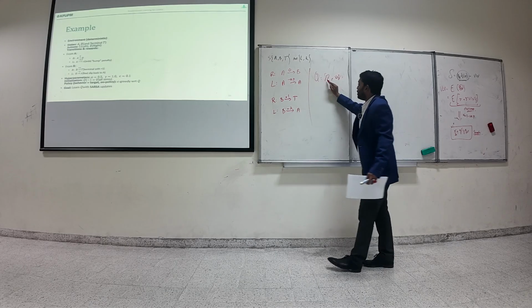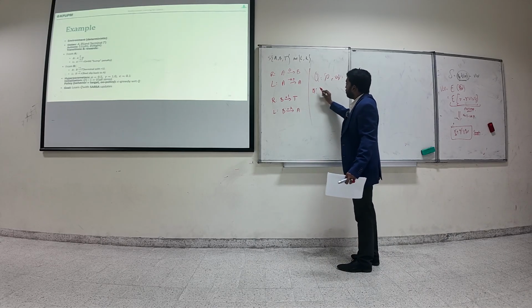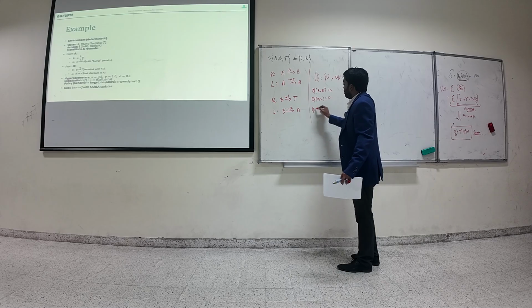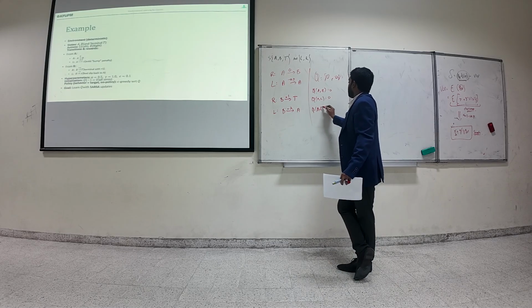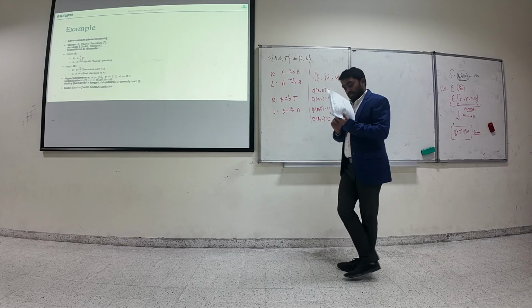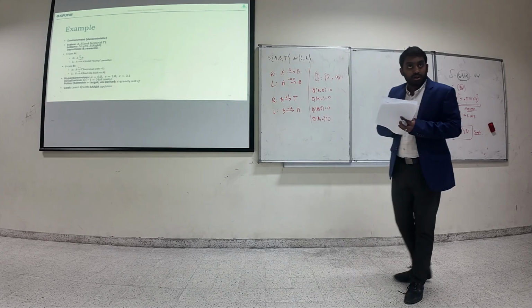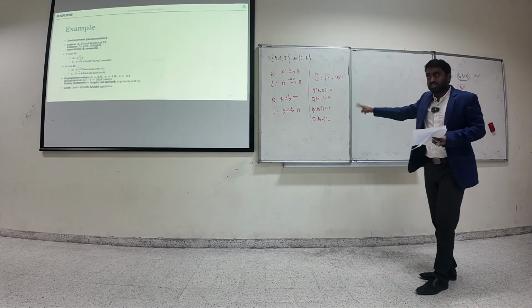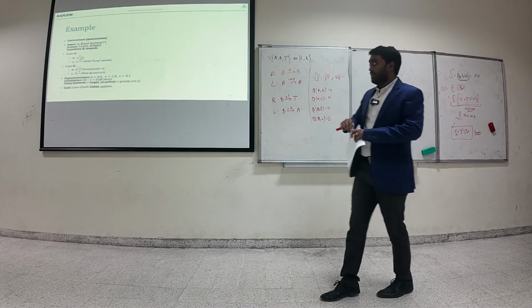Q of state A, action R is 0, Q of A, L is 0, Q of B, R is 0, Q of B, L is 0. This is just the initialization.